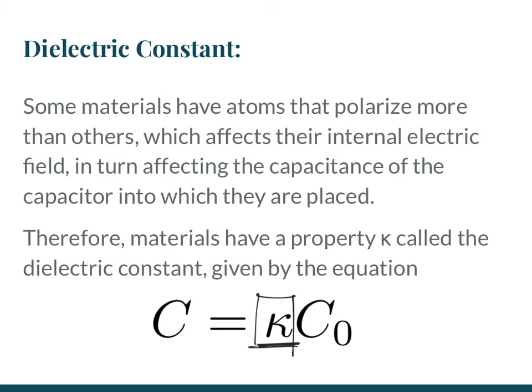And it's basically just a constant that tells you how much the capacitance changes without you having to do any extra calculations. So the equation for figuring out the capacitance with a dielectric, so C without the subscript is with the dielectric, is you take that constant, the dielectric constant kappa, for that specific material, multiply it by the capacitance if there was no dielectric. And that'll tell you your new capacitance. Pretty cool.